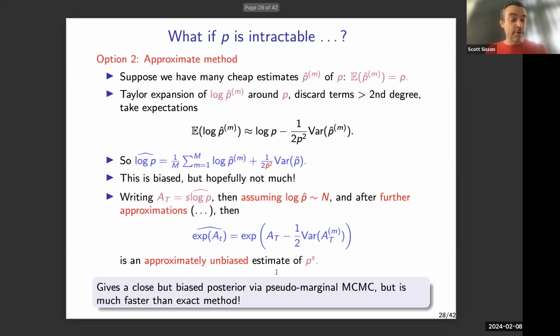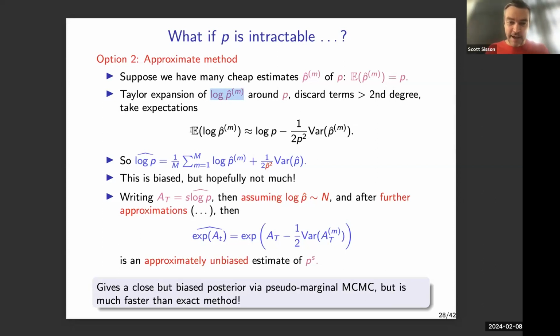So we came up with an approximate method. Again, of the 2 steps here, there are 2 approximations. First of all, if we have lots of unbiased estimates of our probability here, and of course we can get unbiased estimates with 1 Monte Carlo sample, so these are cheap, to get an unbiased estimate of the log of the probability, we can just take the log of our estimator, take a Taylor expansion around the true value, discard terms above second degree and then take expectations.